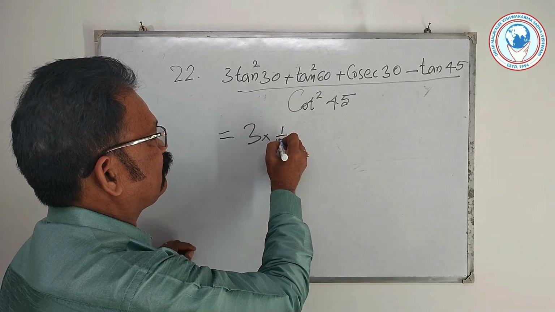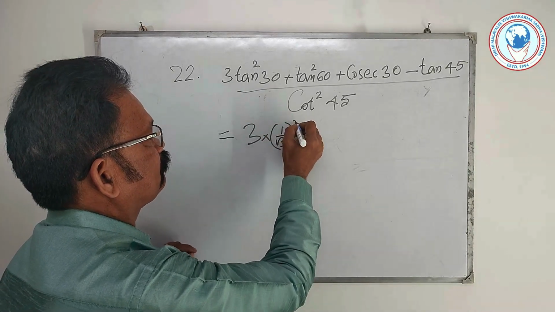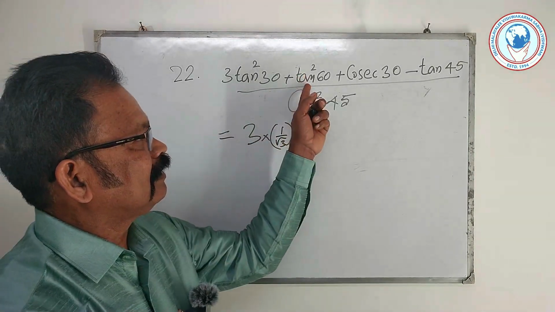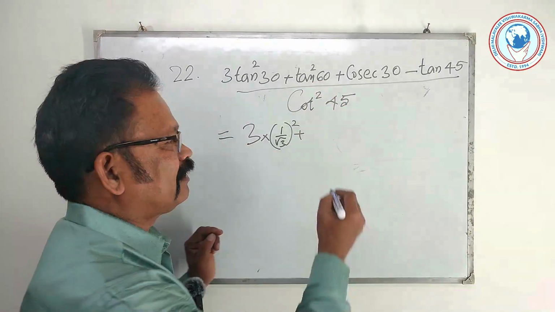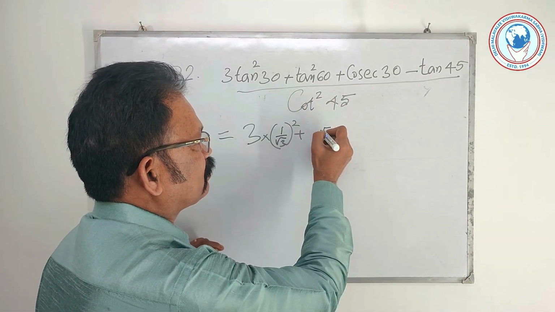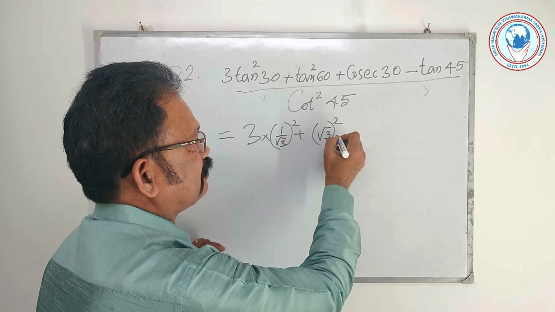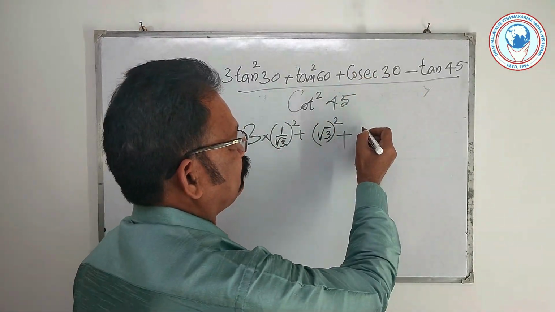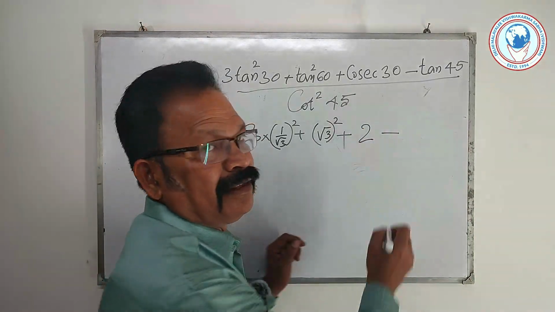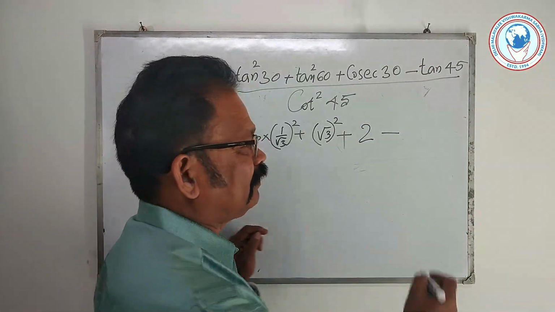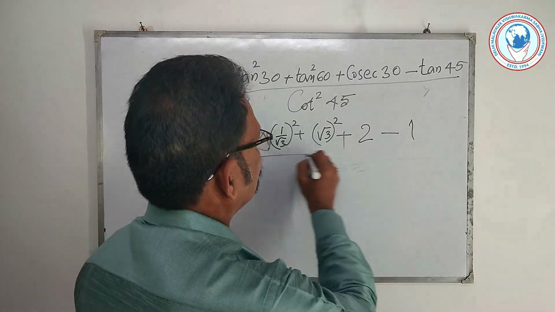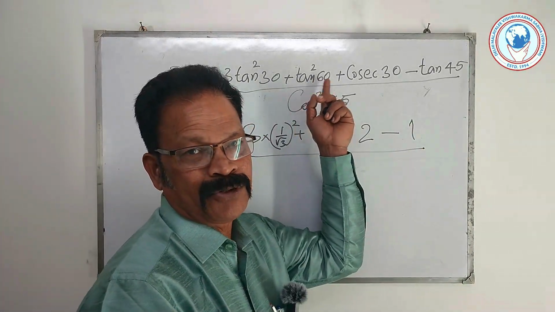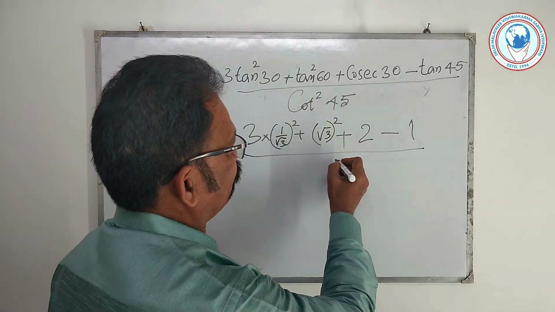So 1 by root 3 whole square plus tan 60. Tan 60 is root 3. So root 3 square is tan square 60, plus cosec 30 value is 2, minus tan 45 is 1, divided by cot square 45. Cot 45 is 1.